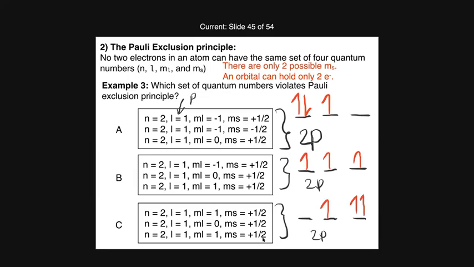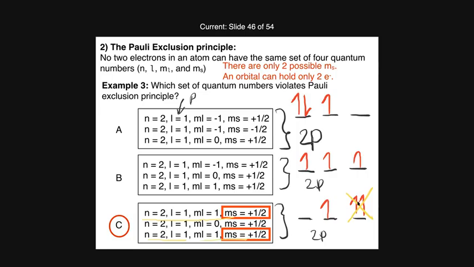But if you do this, you will see that this one is invalid, because the last 2 electrons that fill into that orbital have the same spin. They are going to repel each other, which means these 2 electrons have the same set of quantum numbers, which violates the Pauli exclusion principle, because these 2 have an identical set of quantum numbers: both n and l values, and also both m sub l and m sub s values as well.